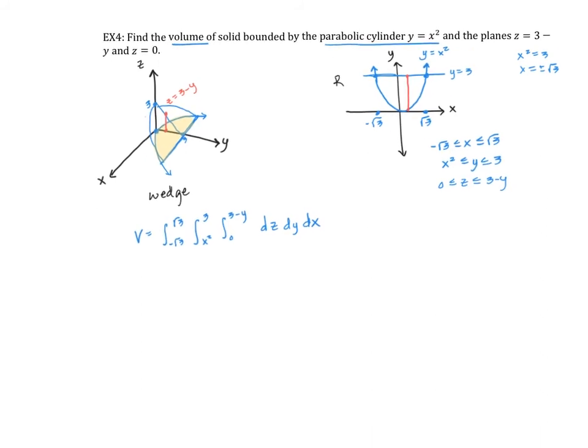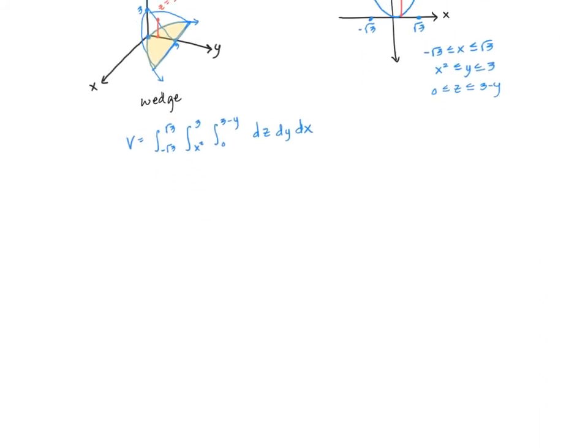So because of symmetry, for my limits on x, I'm going to go from 0 to square root of 3, but then I have to multiply this volume by 2. You don't have to. I just don't want to put negative square root of 3 as a limit of integration if I can help it, and I can because of the symmetry. This is the integral that I'm going to be evaluating.